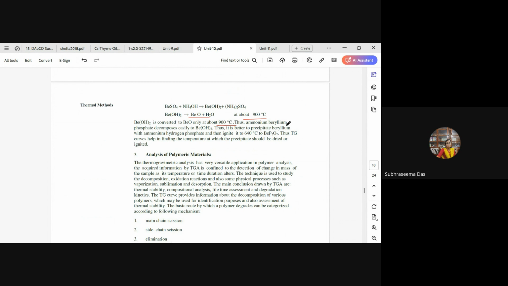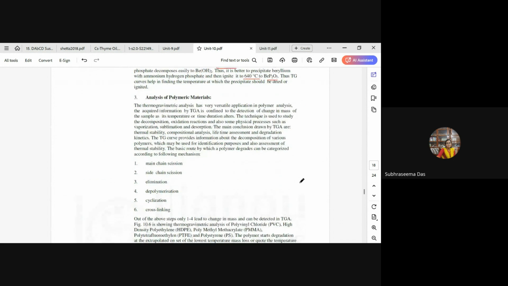So it is better to precipitate beryllium with ammonium hydrogen phosphate and then ignite at 640 degrees centigrade to form the beryllium phosphate. This TG shows which temperature is more useful for the precipitate to be dried or ignited.